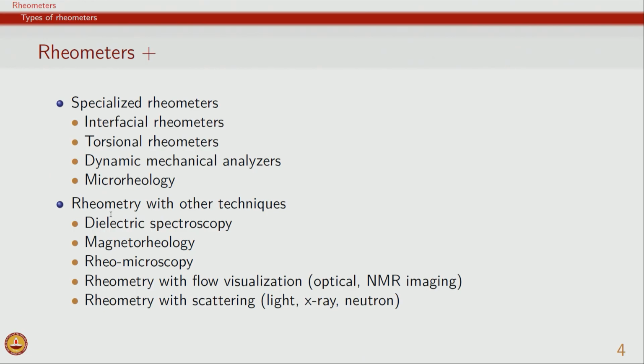So, for example, for samples which are more solid-like, we can use a torsional mode of deformation. In fact, the parallel plate that we use in rheometry is also a torsional mode when the material is fluid, but if you have a more solid, rod-like material, then you will have to have clamps, and in the same way torsion can be applied and you can do oscillatory rheology as we have done.